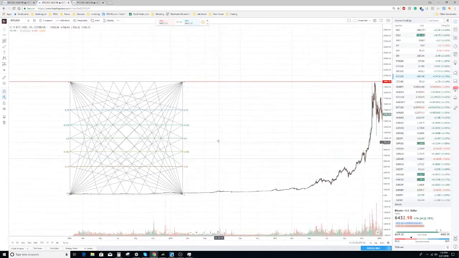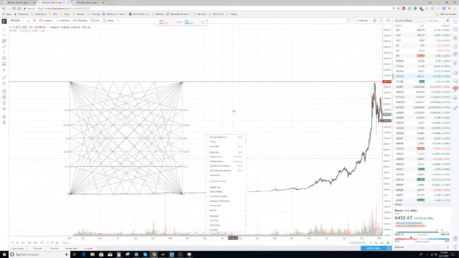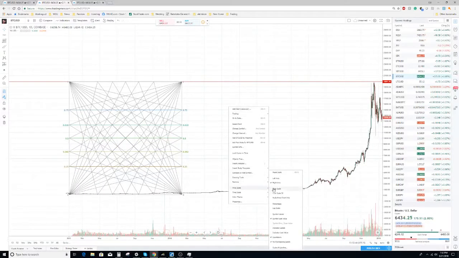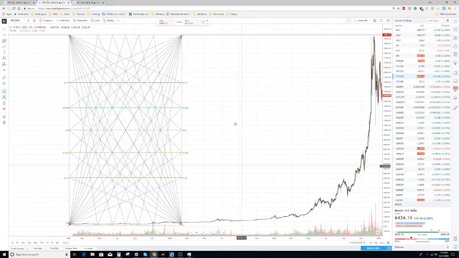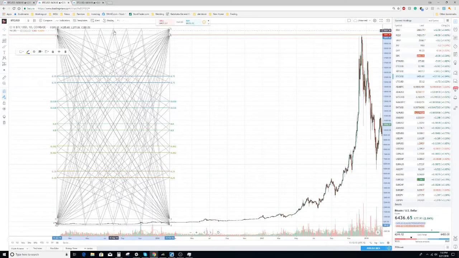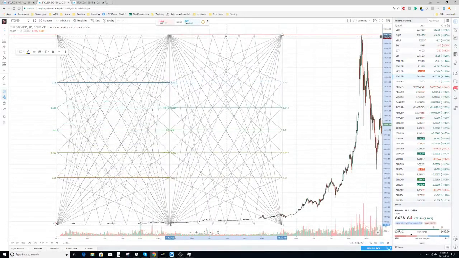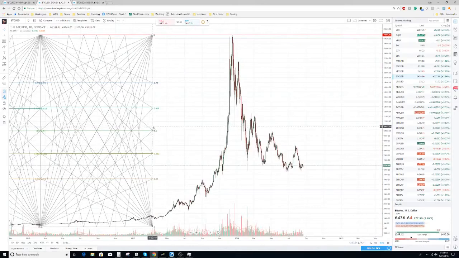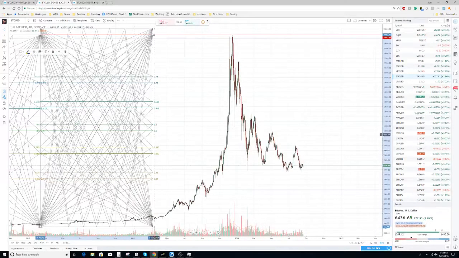Okay? Now, if you want, you can right click on your screen, go to price scale, and go back to auto scale. That's fine. Now all I need to do is clone or copy this, and I'm just going to slide them so that they are on top of one another. I'm going to keep doing that.